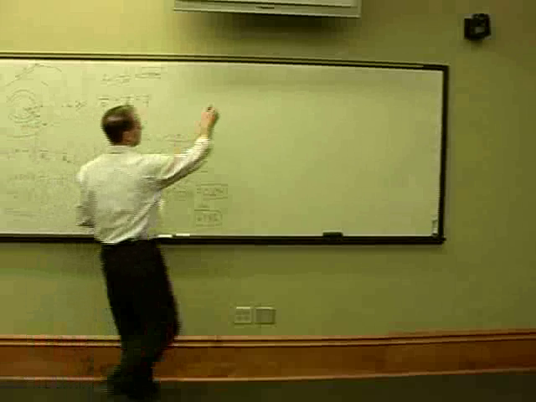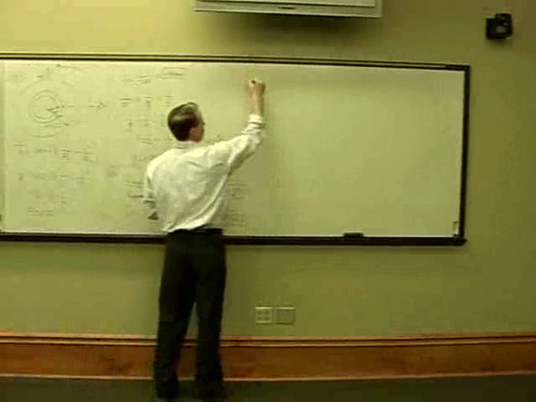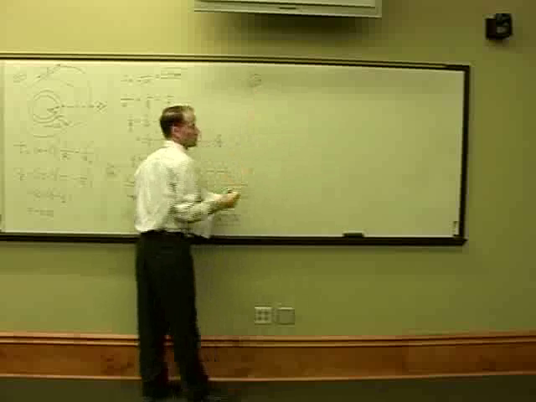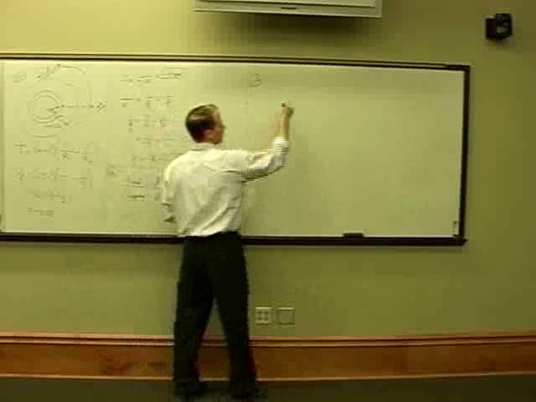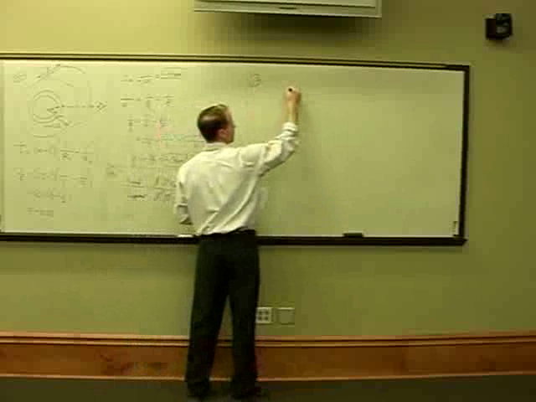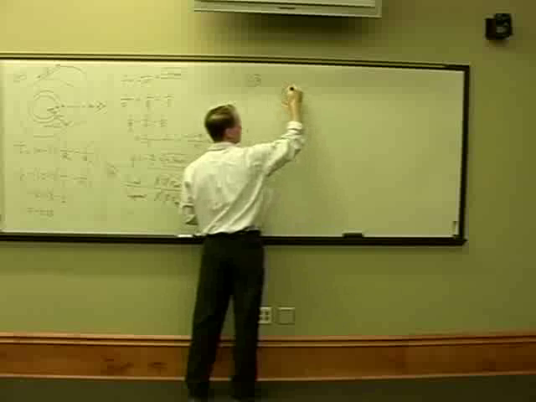Problem number 17. A plain convex lens is made of glass, index of refraction 1.5, with one flat surface and the other having a radius of 20 centimeters. What is the focal length in centimeters of the lens? Okay, let's take a look at this. We have ourselves a lens, which we're going to comprise of 2 surfaces.